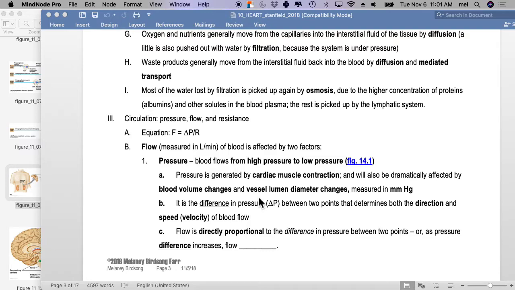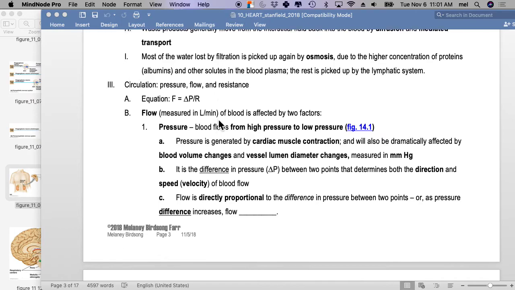Because if you moved a whole bunch of stuff out and then just had concentrated big molecules on the inside of the blood, you just end up sucking a whole bunch of it back up. That's, by the way, why you end up getting turnover of interstitial fluid. You push it out by filtration, you suck it back up by osmosis, push it out by filtration, suck it back up by osmosis. And so you move things back in.